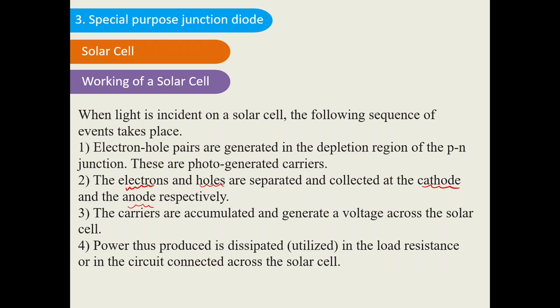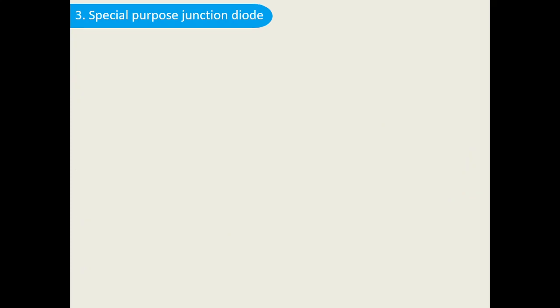Whenever the load resistance is connected, the electric current will start flowing from the solar cell, and it will be providing power to the external circuit. So this is the working procedure of the solar cell. All of you know this very important thing.